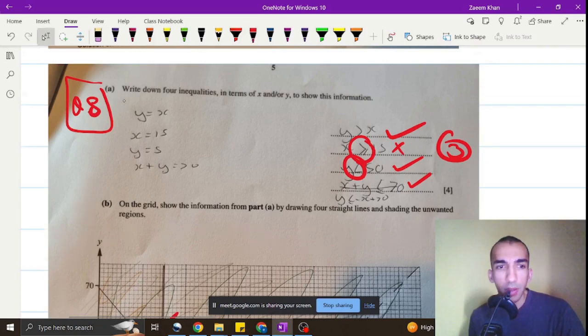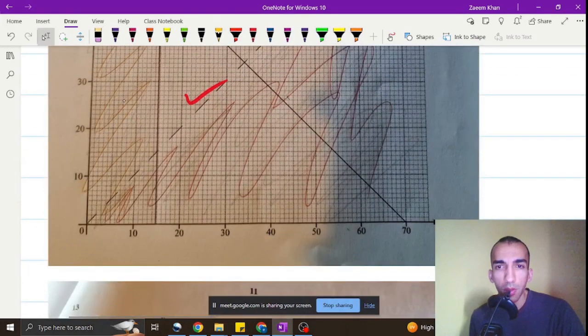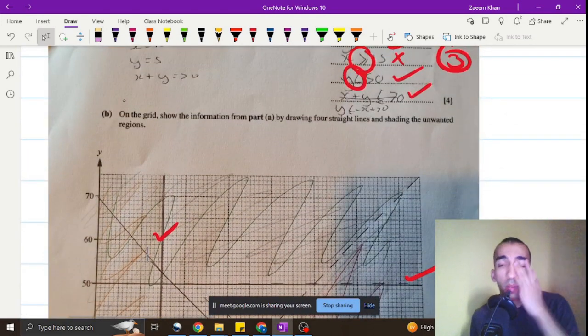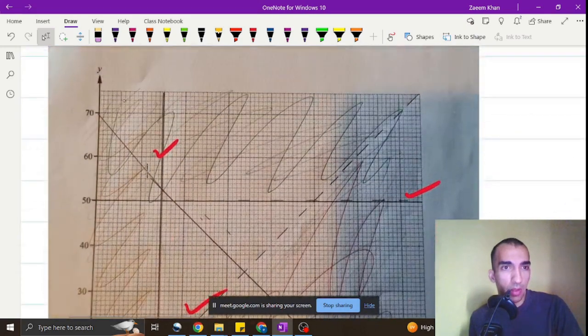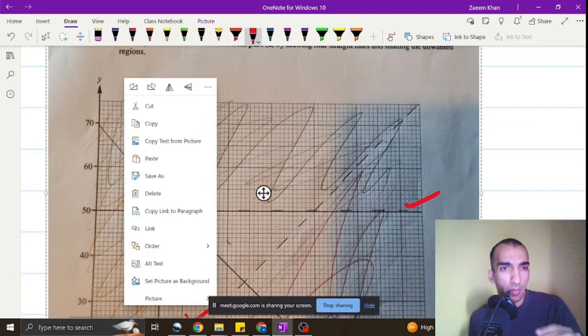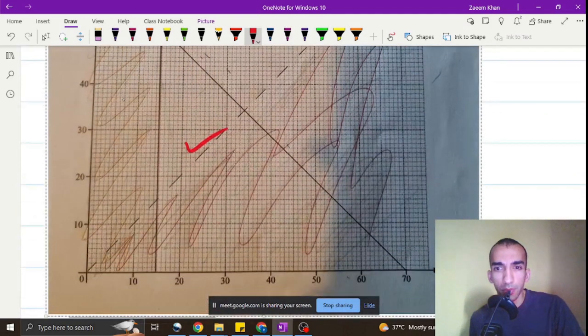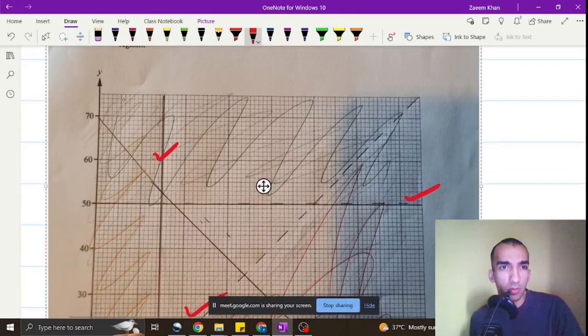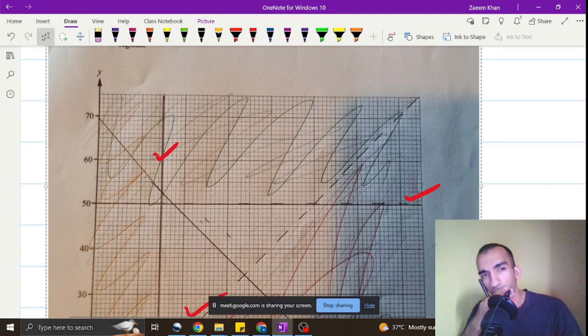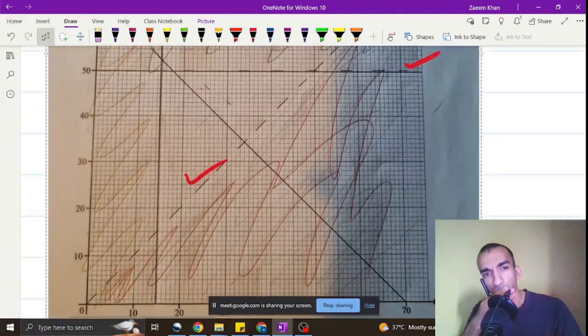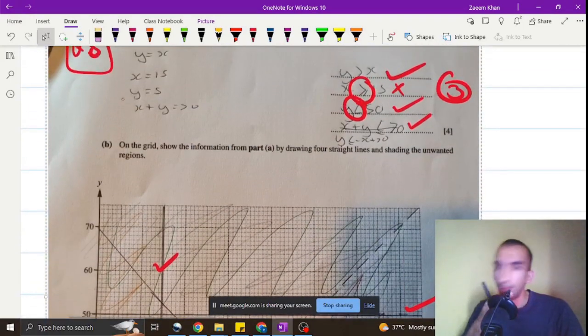X plus y is less than or equal to 70. If you rearrange this, it becomes y is equal to negative x plus 70. You intersect the axes.